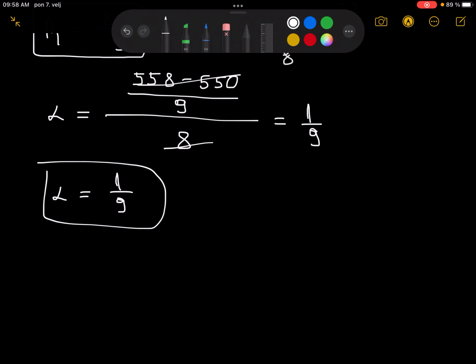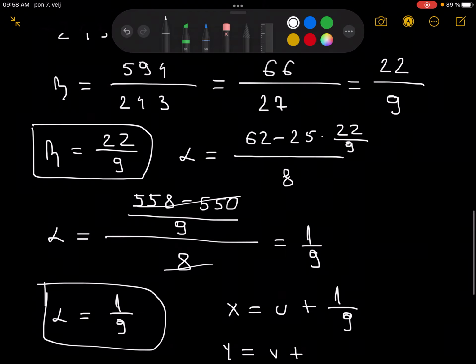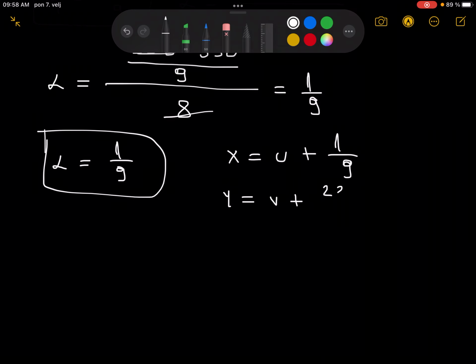So that means that our original substitution, with the constants known, is now x equal to u plus 1 over 9, and y equal to v plus 22 over 9. Okay, great.